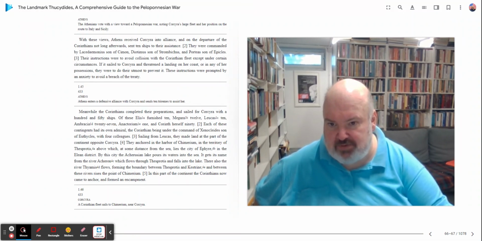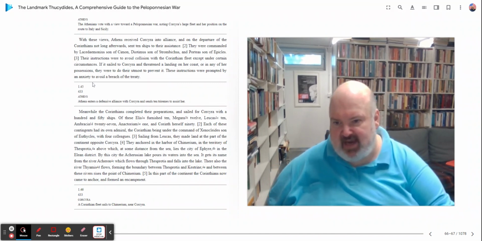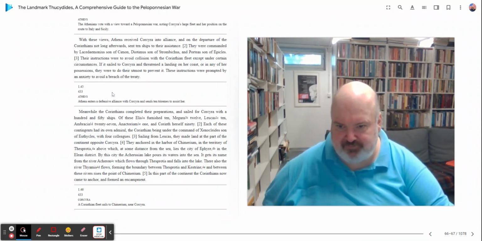Their instructions were to avoid collisions with the Corinthian fleet except under certain circumstances. If it sailed to Corcyra threatening a landing on her coast or in any of her possessions, they were to do the utmost to prevent it. These instructions were prompted by the anxiety to avoid a breach of the treaty.